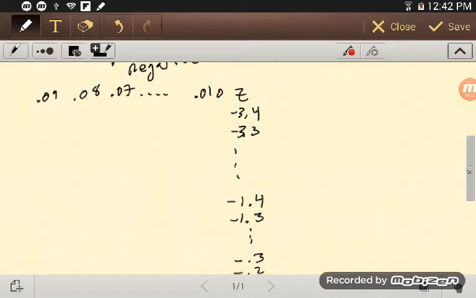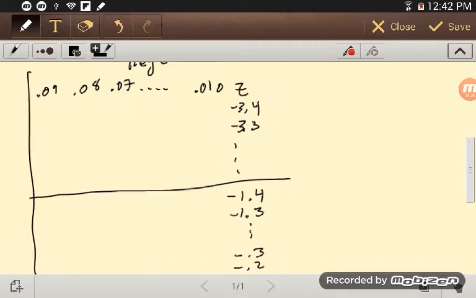Now, inside the table are just a bunch of numbers, and it's got some lines to help us find things. Here's the end of the table.